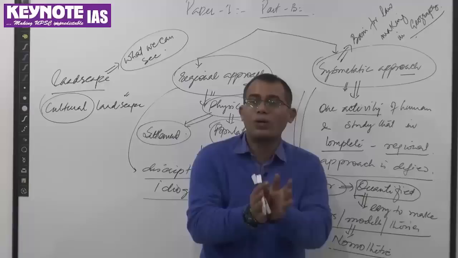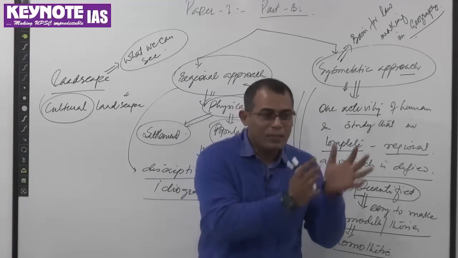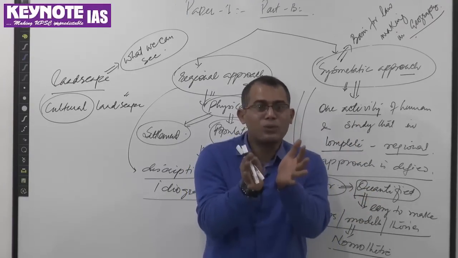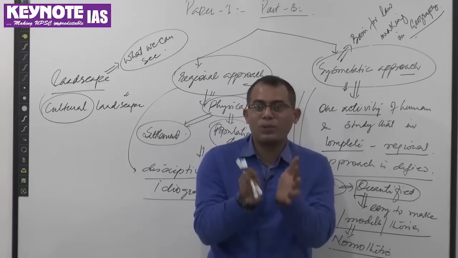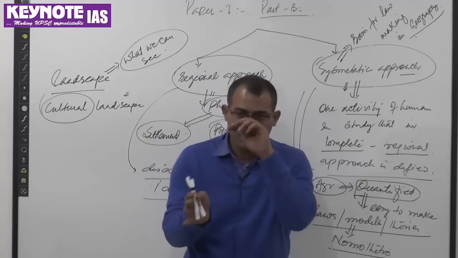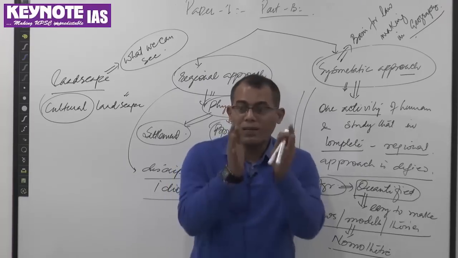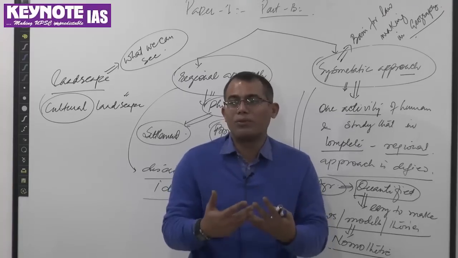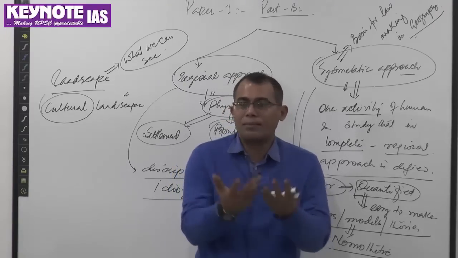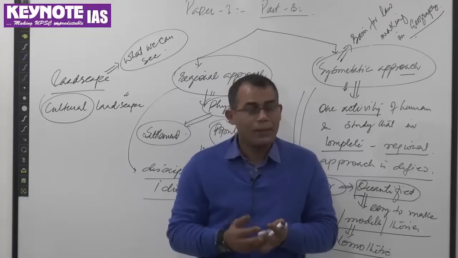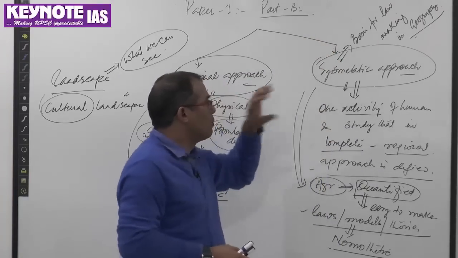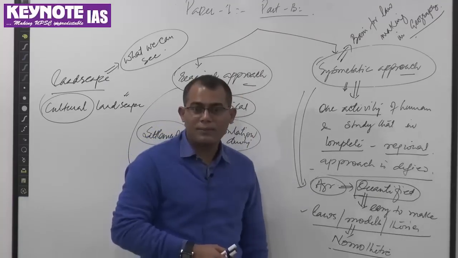For example, if I want to establish an industry, there is at least a set pattern, some very small 2-3 pages of norms: if you want to establish an industry, these are the requirements, you should try to take care of them. So I have a model before me, which can be very handy for me as an economist, as an industrialist, as a businessman. But the moment you compare the two, both have a lot of flaws.